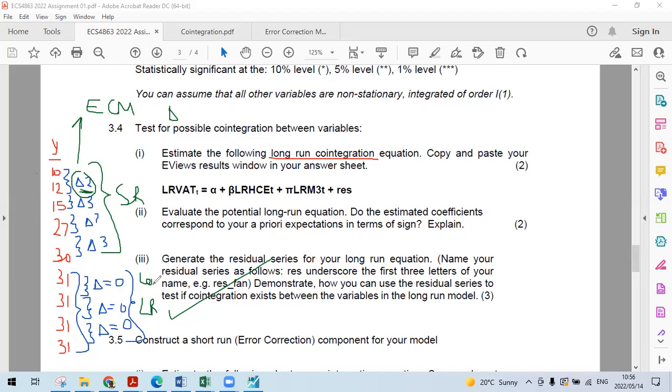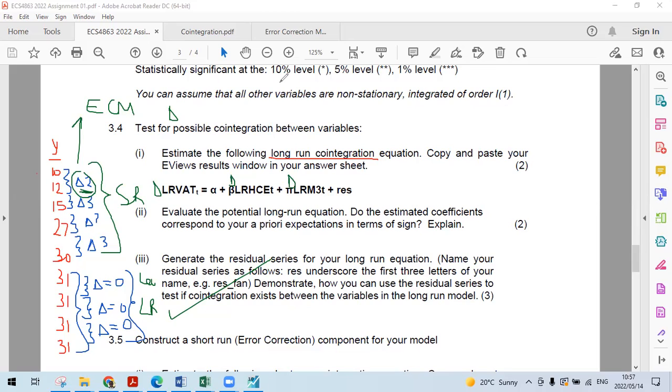They are not differenced. That's why there's no D here, because we are talking about the long run. In the long run, variables are estimated in levels. In the short run, variables are estimated in differences. Are we together there?